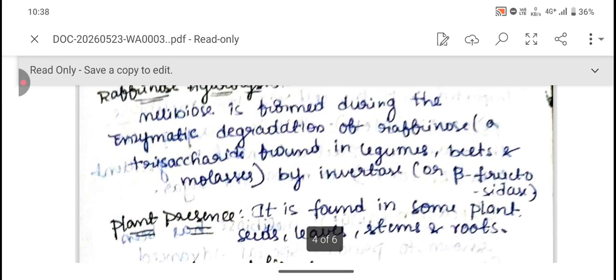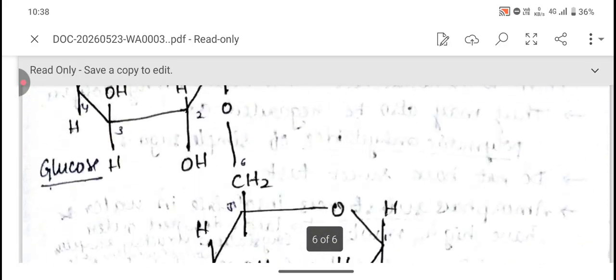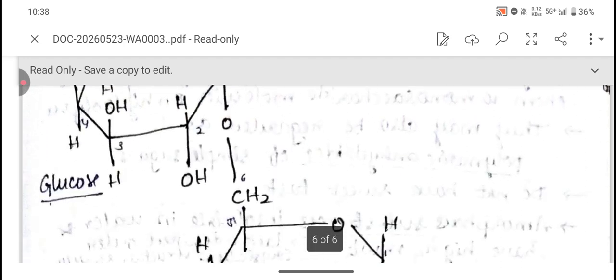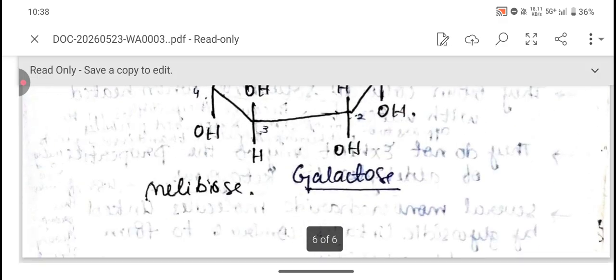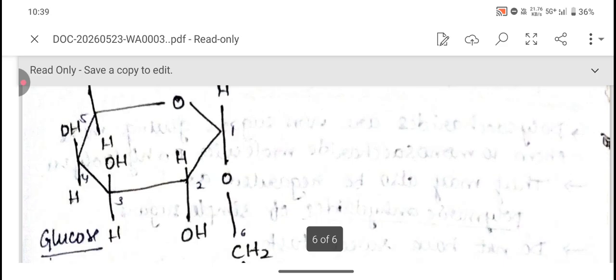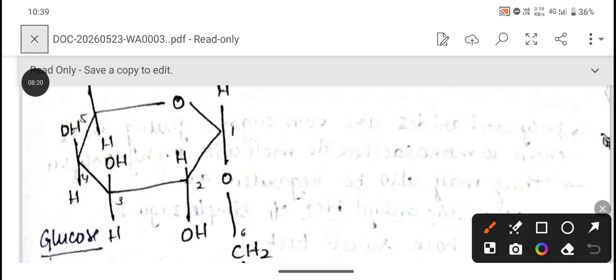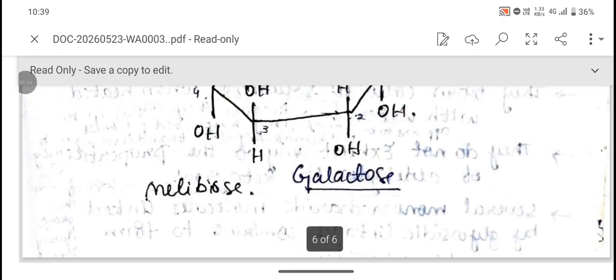If you look at the structure, this is basically the structure of Melibiose, right? The glycosidic bond is present between the glucose and galactose. The glycosidic bond formation between C1 carbon of glucose and C6 of galactose gives Melibiose, right?